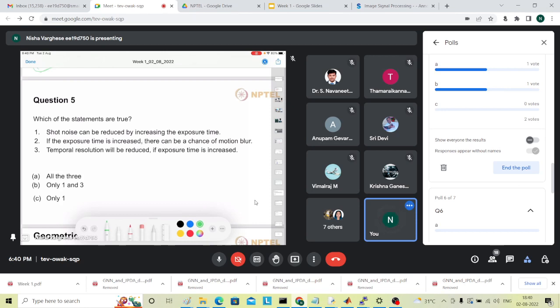Okay, so the first statement I'll explain. Shot noise can be reduced by increasing the exposure time. Shot noise is the problem of low light conditions, right? If you increase the exposure time, more light will fall on the sensor plate, and that will reduce the shot noise. So the first statement is true. The second option is, if the exposure time is increased, there can be a chance of motion blur.